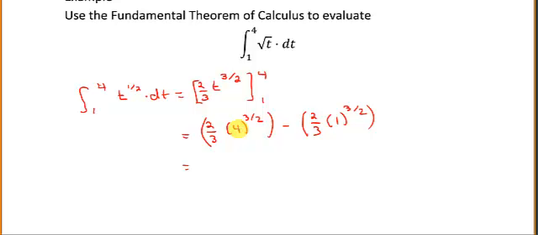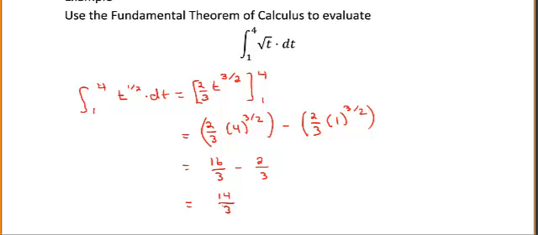The square root of 4 is 2, and then I'm cubing it. 2 cubed is 8, so 2/3 times 8 would be 16/3, minus 1 to the 3/2: the square root of 1 is 1, cubed is 1, so that would be minus 2/3. And 16/3 minus 2/3 is 14/3.